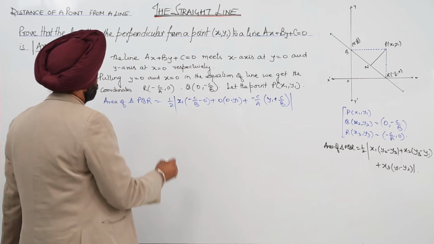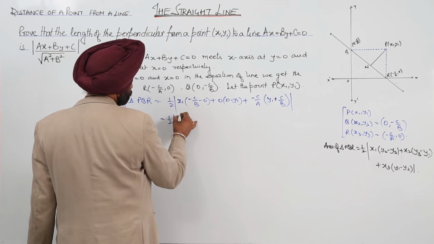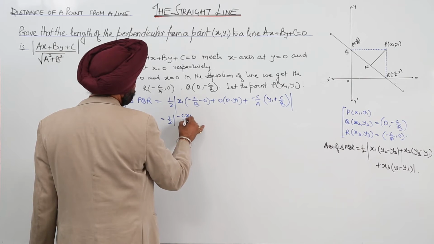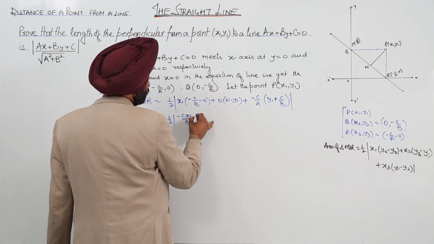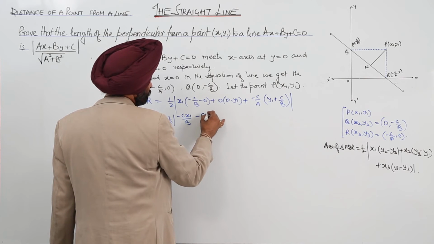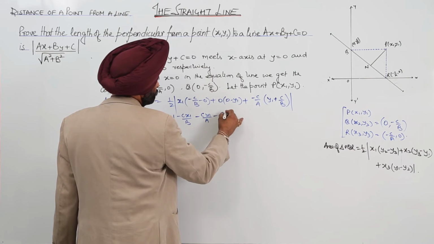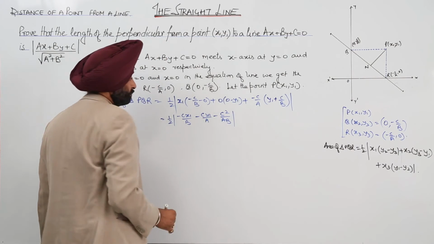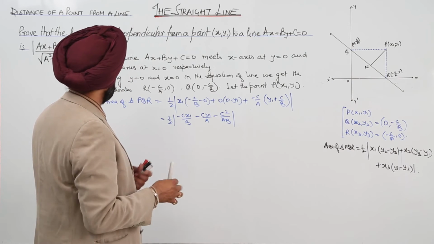So this becomes now 1 upon 2 negative of c x1 by b. This whole term becomes 0. Negative of c y1 upon a, negative of c square upon ab. Is it clear? And further to this we can write it.